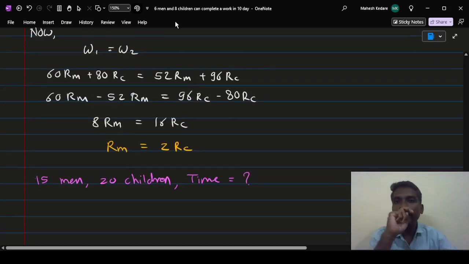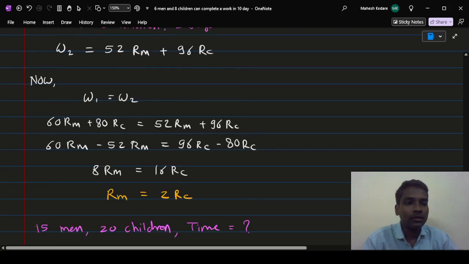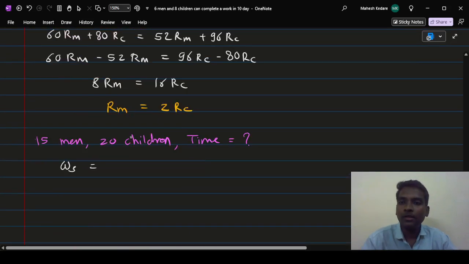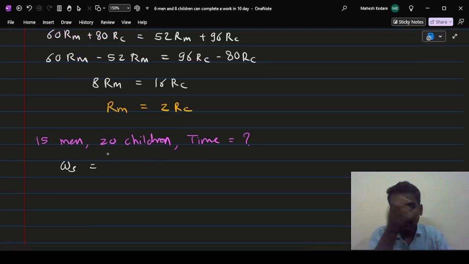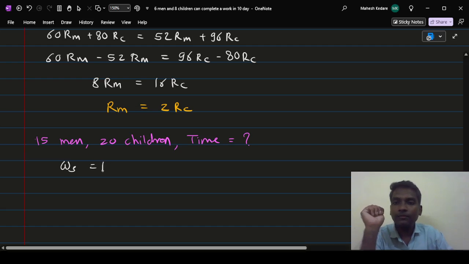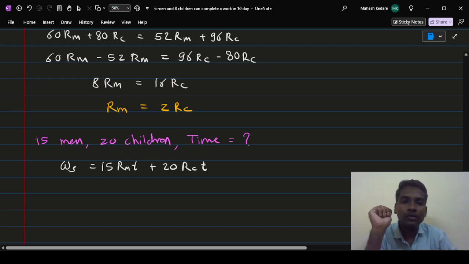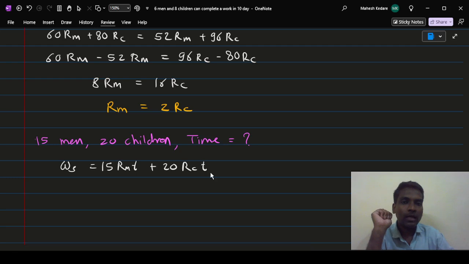Again, we write total work done by 15 men and 20 children as W3. Using the same steps as before, we obtain work done in time t as 15 RmT plus 20 RcT. Now we have no value of time to substitute, so we write time as T only.